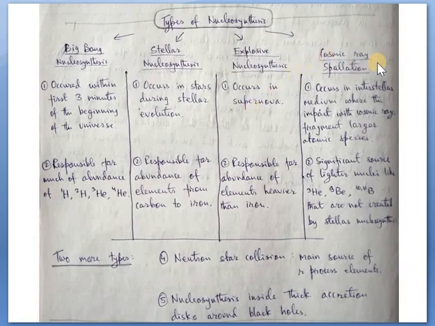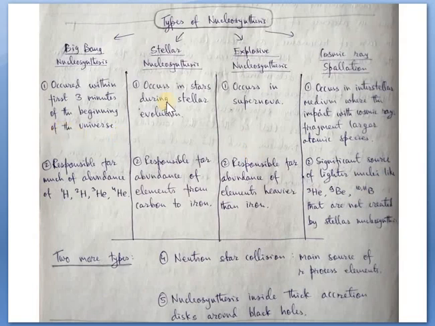Also, we have cosmic ray spallation, which occurs in the interstellar medium, where the impact with cosmic rays fragments larger atomic species. The collision with cosmic rays produces various atomic species, and this is responsible for the abundance of elements which are not created by stellar nucleosynthesis.